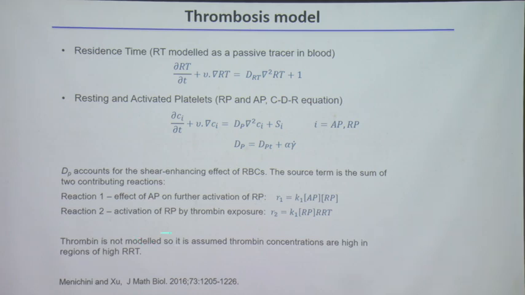This is represented mathematically by setting a thrombin concentration as being high in regions of very high normalized relative residence time. A very detailed description of all the mathematical equations, and there are more, will come in the next slides, and these were described in our first paper. The model was developed by my PhD student Claudia Mincini.